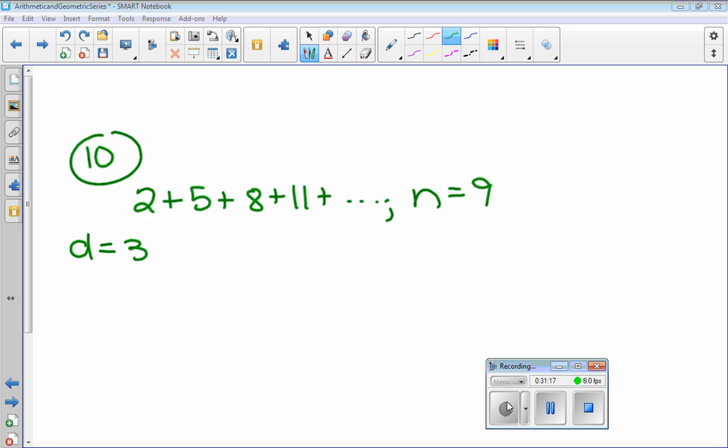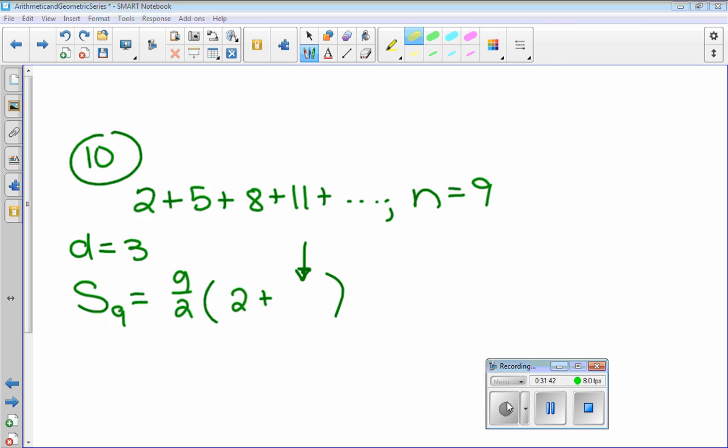So you're going to use the arithmetic formula and find the sum of the first 9 terms. The arithmetic formula is going to be 9 divided by 2 times the first term plus the last term. Got to find the last term. So we'll have to go out and find it, okay? And then tell me what that answer would be.